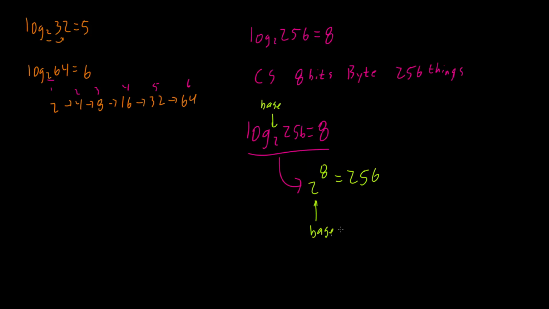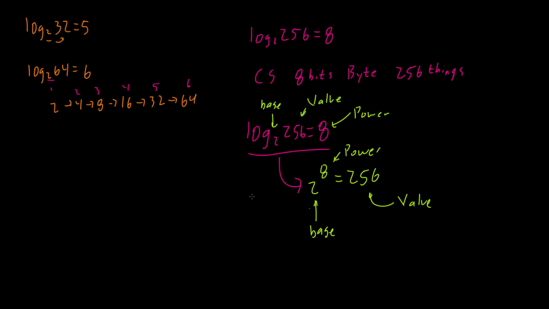You can see 2 remains the base. 8 is the power, is one way to call it. And then here, 8 is still the power. And then this, we'll just call it the value, I guess, or the result. This is the value, or the result.